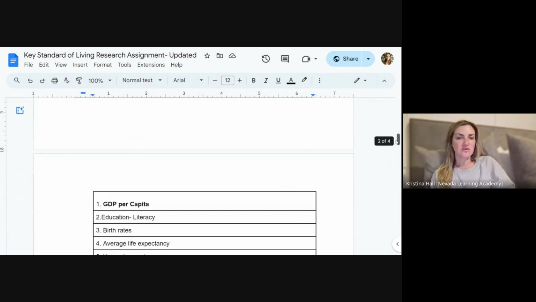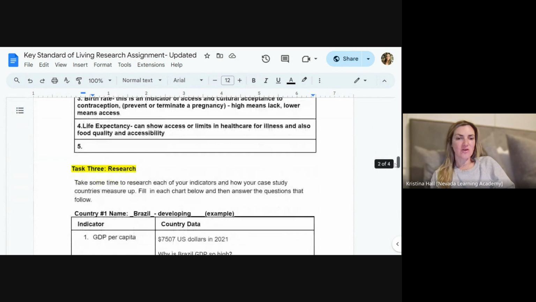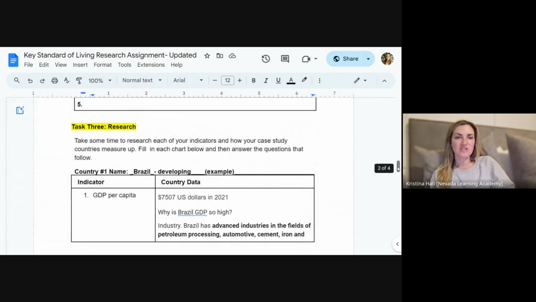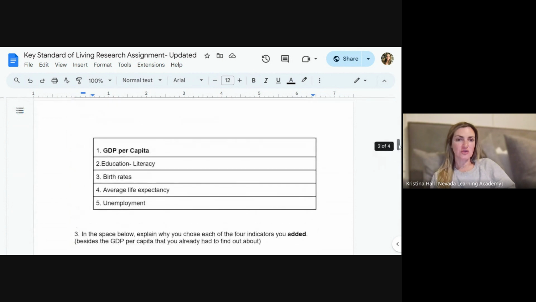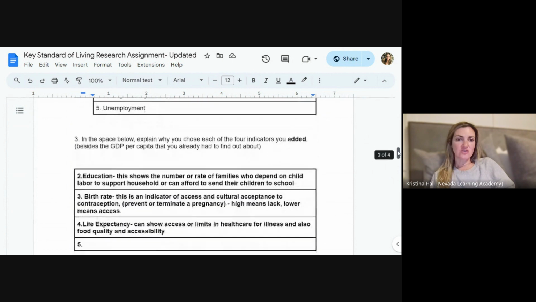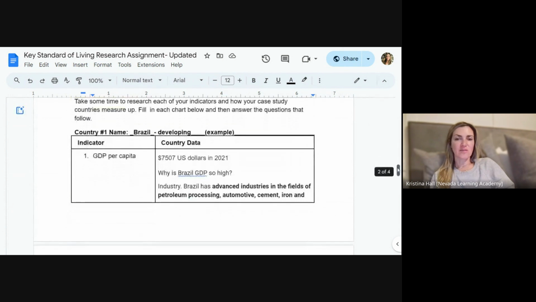In part 3, the task is to research the country and the 5 indicators, taking the 3 different countries from task 1 and the indicators from task 2. You're going to do it for each country. For example, Brazil, which is developing.